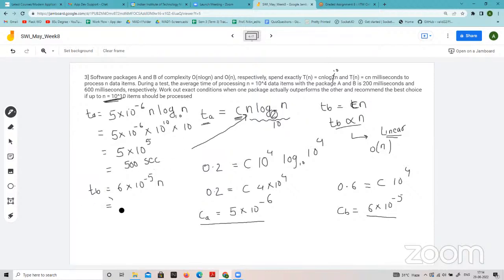The same thing I'll do with this. So it is 6 into 10 raised to power minus 5 into 10 raised to power 10. So this comes out to be 6 into 10 raised to power 5, which is nothing but 600 seconds. So which one is better? TA, right? For that particular point. So you don't have to find out the range.